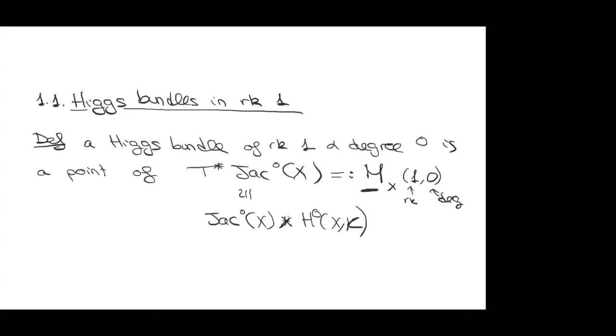So in this case, the moduli piece is very simple. It's just a trivial bundle over the Jacobian with fiber the holomorphic differentials. So the way to see this is by Serre duality.